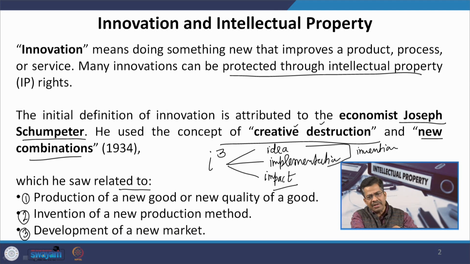Now, many solutions will come for improving the quality of telemedicine. So, one day innovation creates a new market, and that new market will help in improving the quality of products, quality of services, and new production processes also come for improving the efficiency of our outcome.